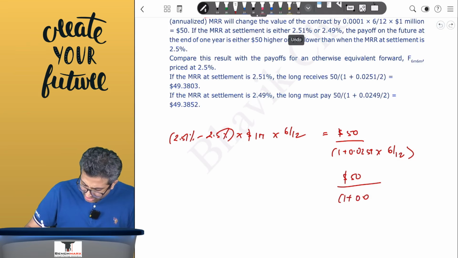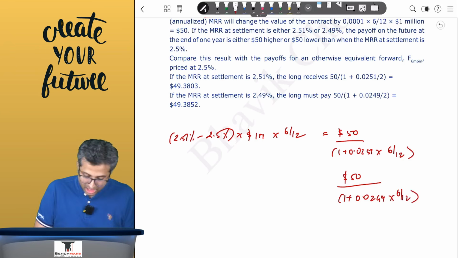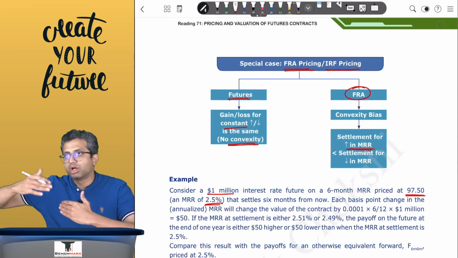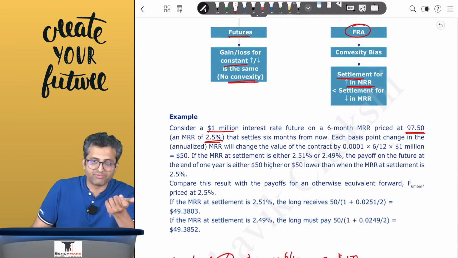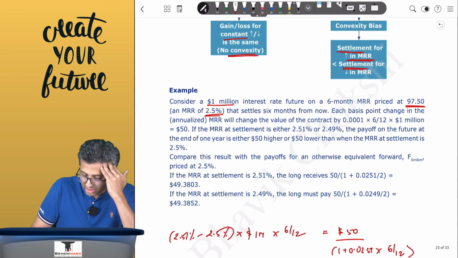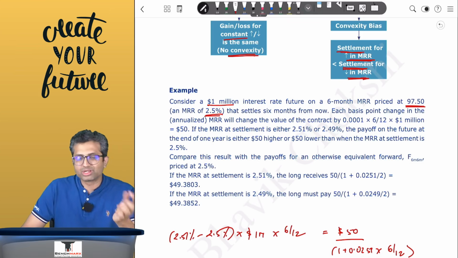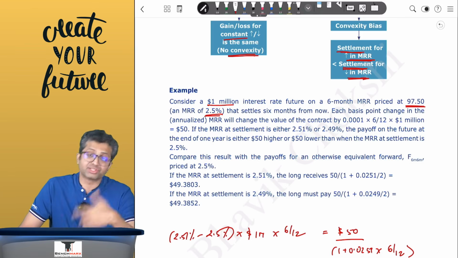And hence the values will be slightly different, and it will be different to such an extent that if the market reference rate goes up, like it goes up to 2.51%, then your settlement value will be lower. Why? Because you are now discounting at 2.51%, as compared to when the rates fall and it becomes 2.49%. Then with a lower MRR, the settlement value will be higher.